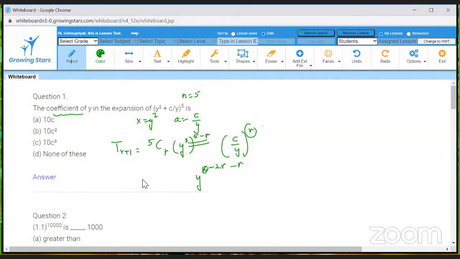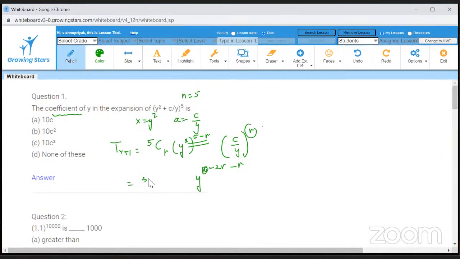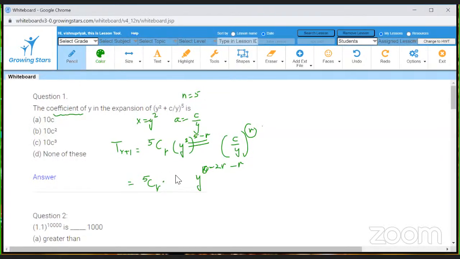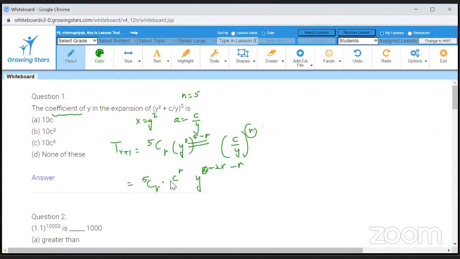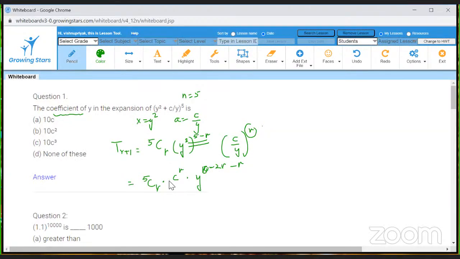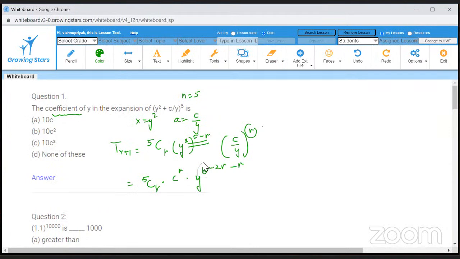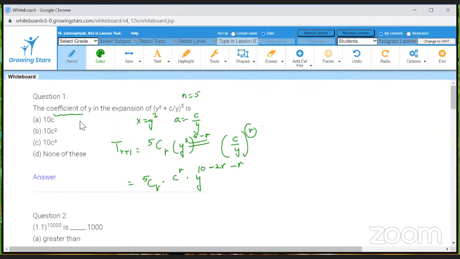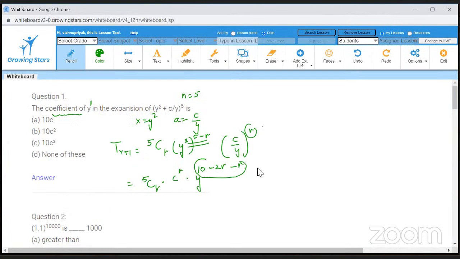What is left after taking all the r's is 5Cr into c power r, with y power 10 minus 3r. Now they are asking coefficient of y power 1. That means this entire power should be 1.